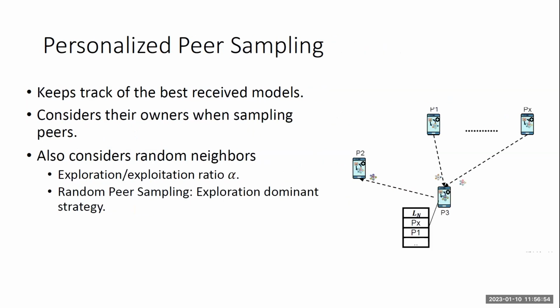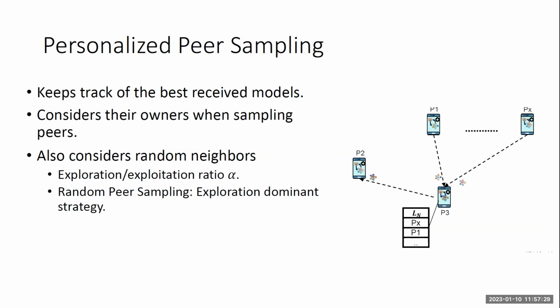And what we do here in this work is that we keep track of the best received models from our neighbors. Like if I realize that Karine sent me a very good model, what I do is that I try to keep her longer in my neighborhood, right? Instead of changing, instead of removing her from my graph. And this is done using a parameter which allows balancing between exploration and exploitation.